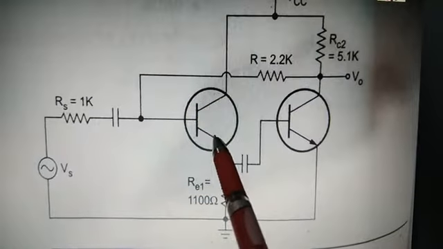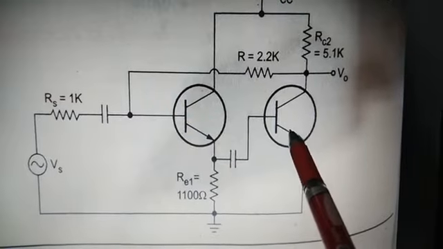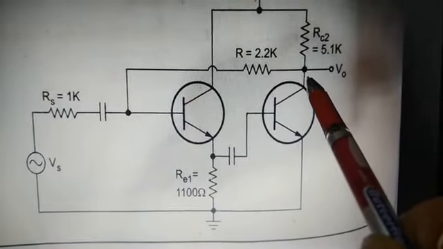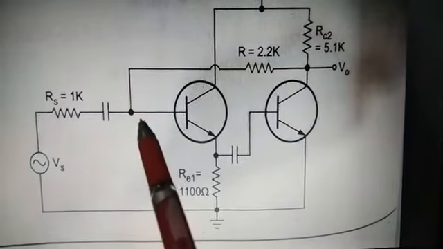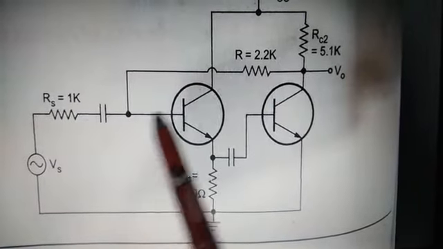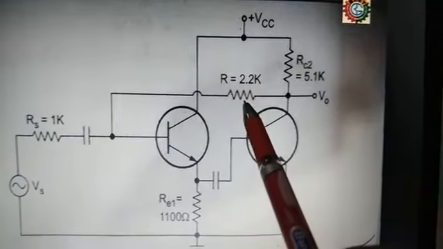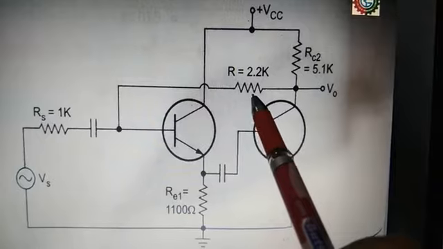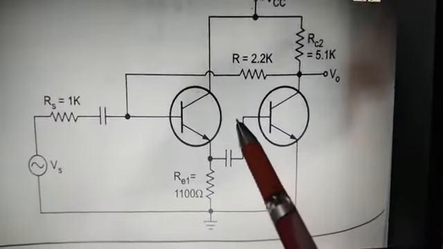So this is common collector, this is common emitter: common collector followed by common emitter, and the output is taken here. This output is connected to the input of the first stage with a feedback resistance R of 2.2 kilo ohm. Now this is called the feedback amplifier.